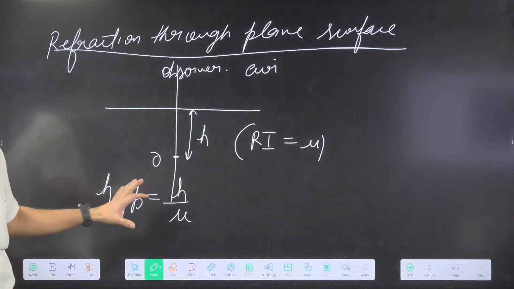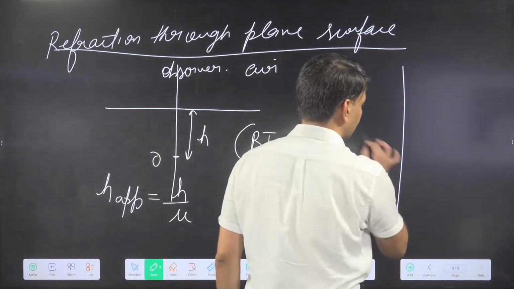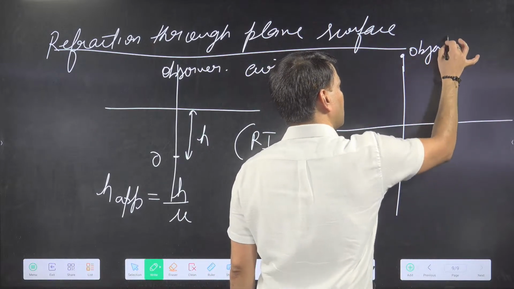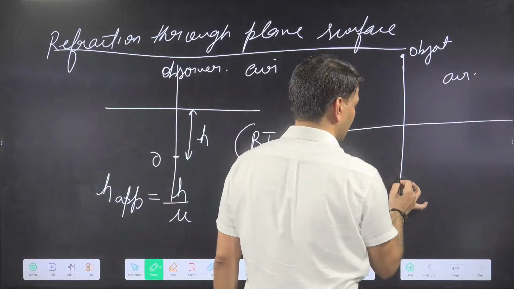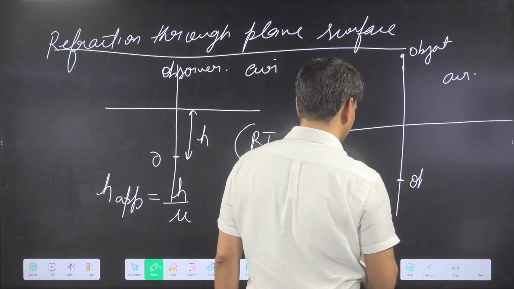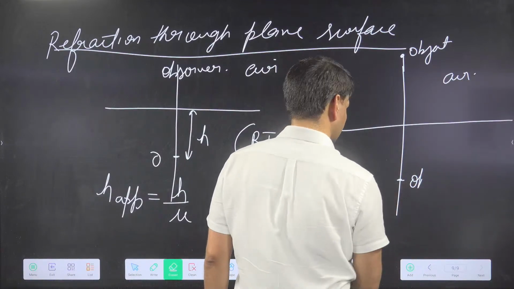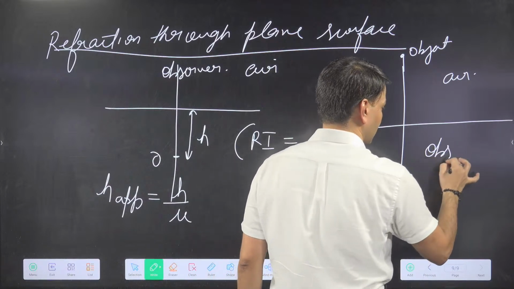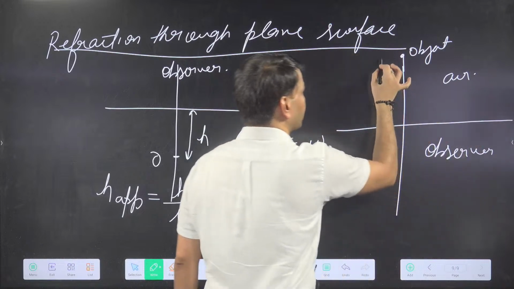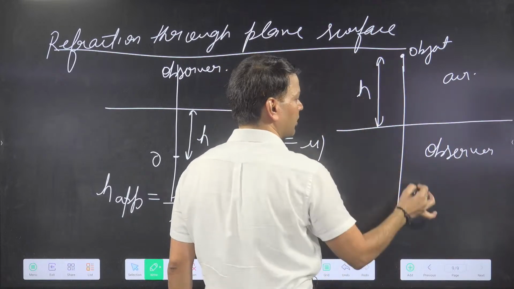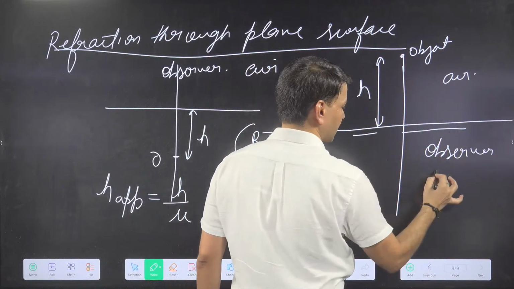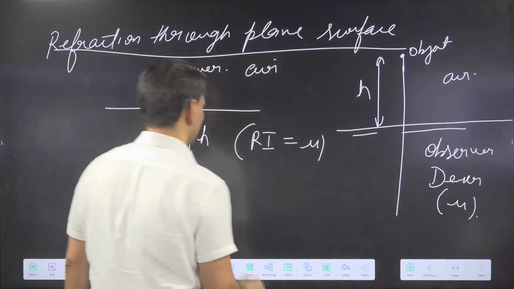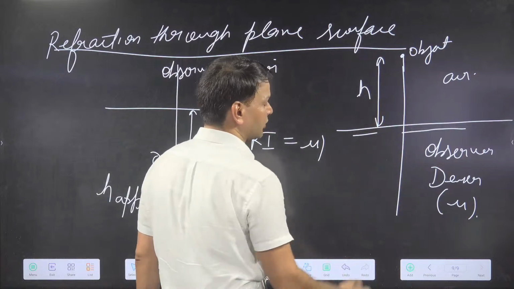When the object is in air and the observer in the denser medium, and the height of the object is h, with the denser medium having refractive index mu, then what is the height at which the object will appear?